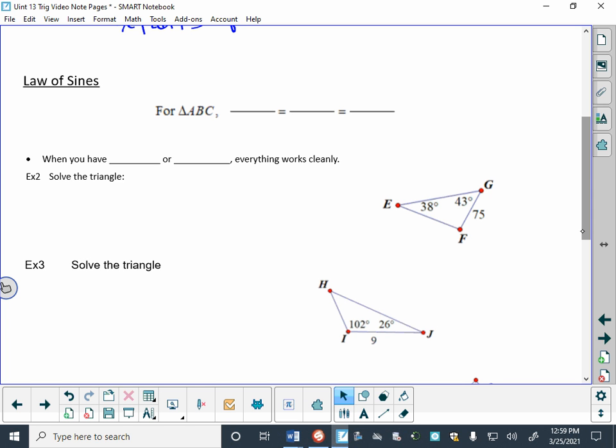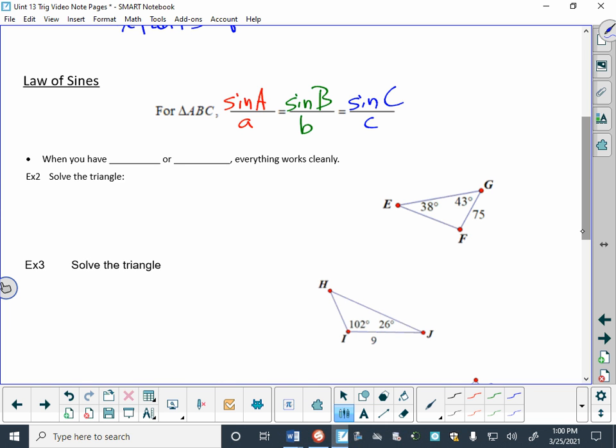What the law of sines tells us is that for a triangle ABC, the sine of angle A divided by the length of side A will give you the same ratio as the sine of angle B divided by the length of side B, which will be exactly the same ratio as the sine of angle C divided by the length of side C.